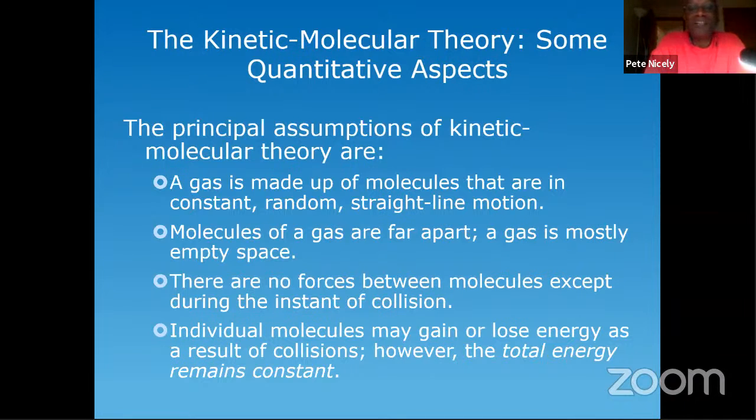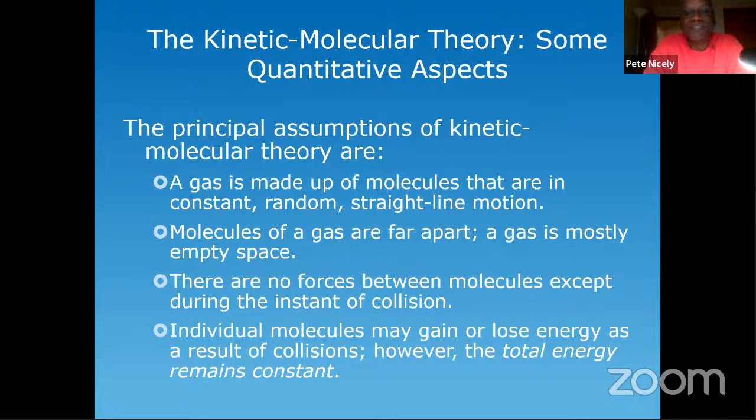There are no intermolecular forces that exist between the particles except when they collide with each other, right? So basically what this is saying is that the gas particles are acting independently of each other. And that was what I made reference to when I was talking about Dalton's law, right? Even if you have a mixture of two or more gases, the different particles are so energetic that they do not have any influence on each other, all right?